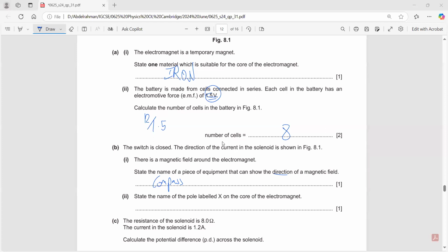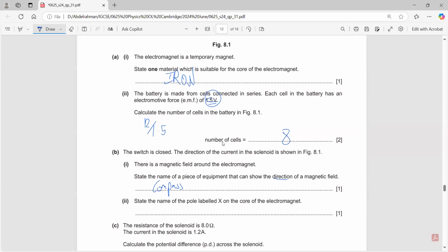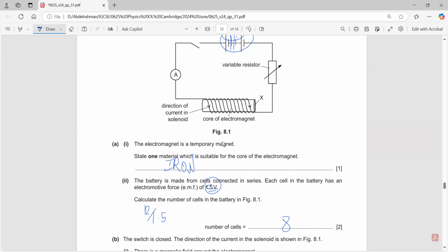The next question, part II, is rather difficult. We might have explained it very briefly, and you actually don't have that many questions regarding this very specific question. State the name of the pole labeled at X. So he's asking, is this a north pole or a south pole? How should you know that?